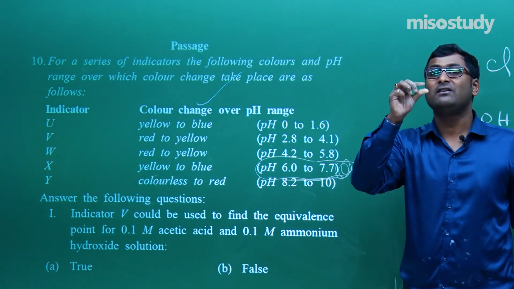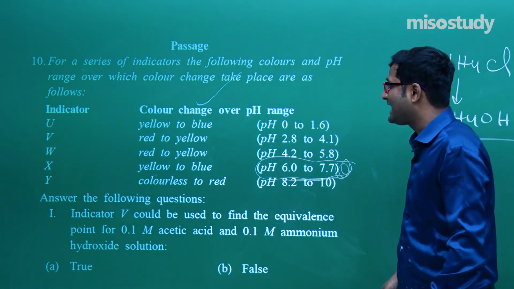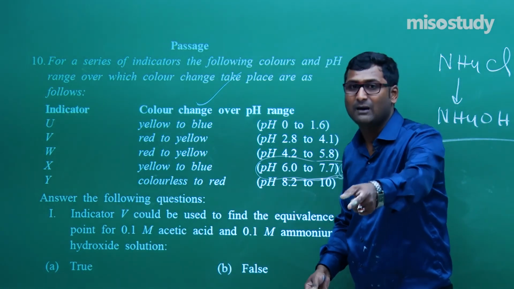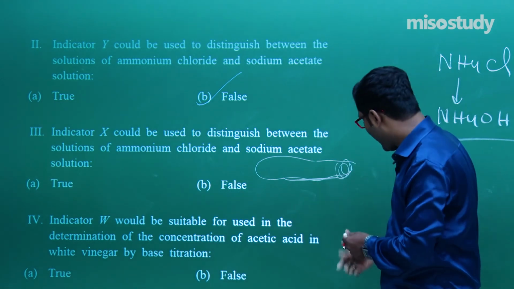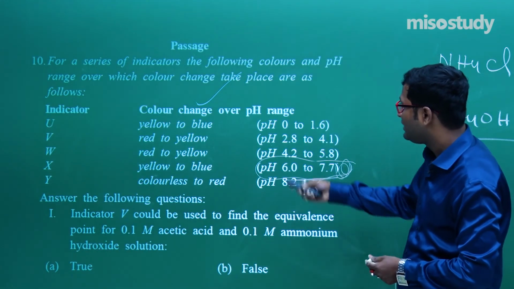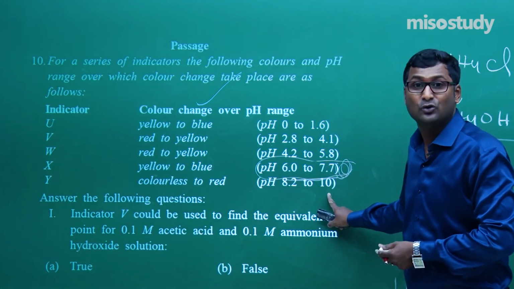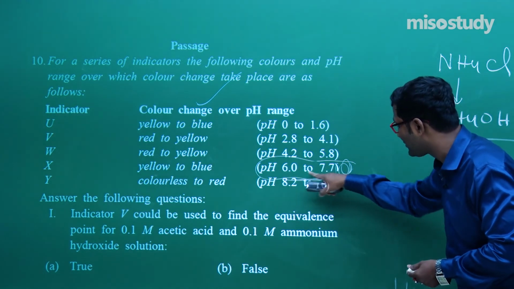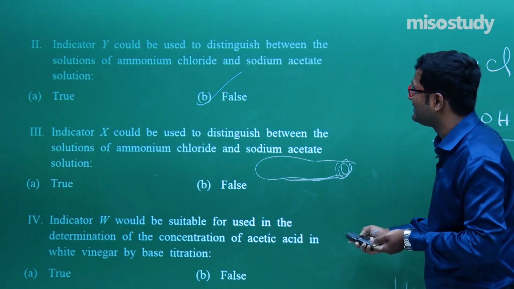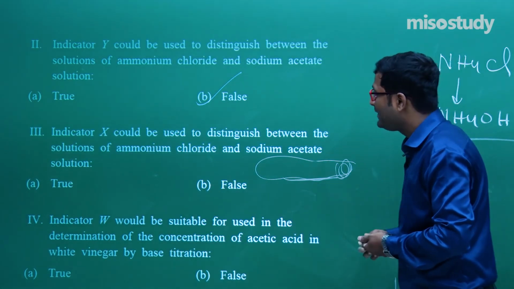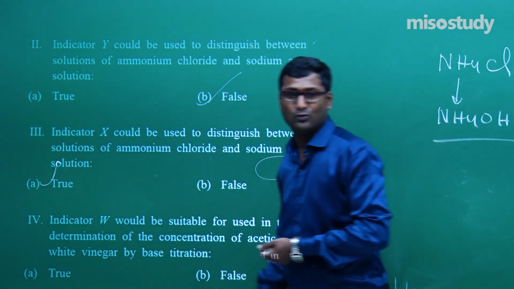So only slight changes. If there is a slight change, then the indicator can be used. Look at Y, pH 8.2, not possible, but here the pH is 6 to 7.1, nearly the neutral point. So in this case we say yes, this one is true.